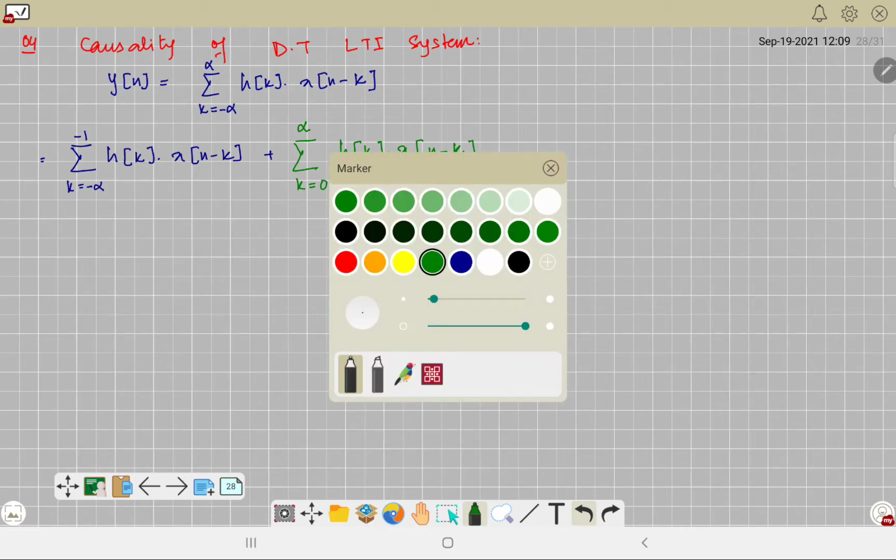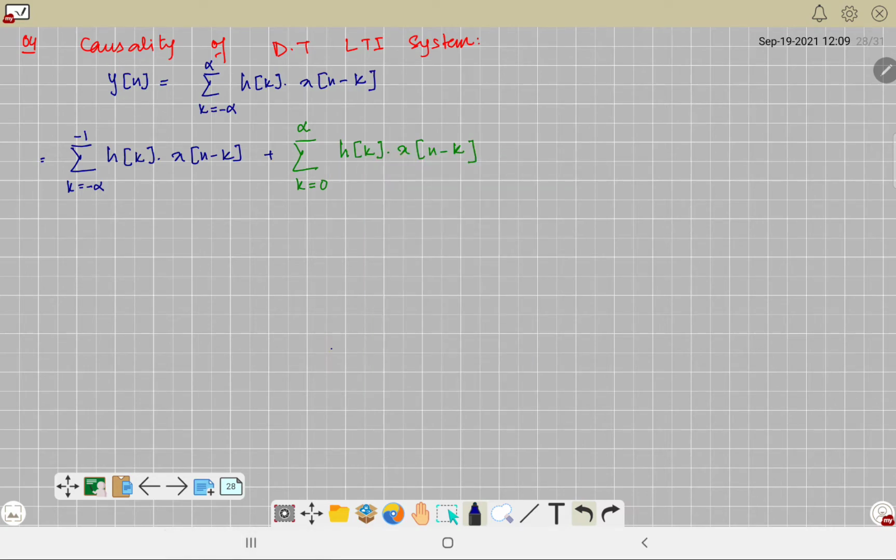Then again, if you consider the first summation, the one I put in blue, let's consider this one. If I expand some of the values, it will start from minus infinity and then it will have negative values, say h of minus 2 x of n plus 2, then h of minus 1 x of n plus 1, fine.